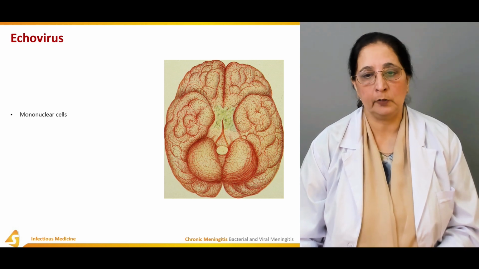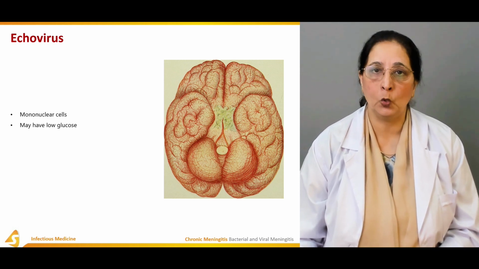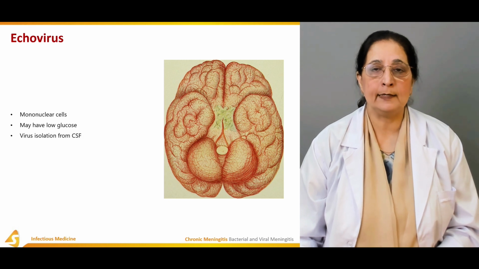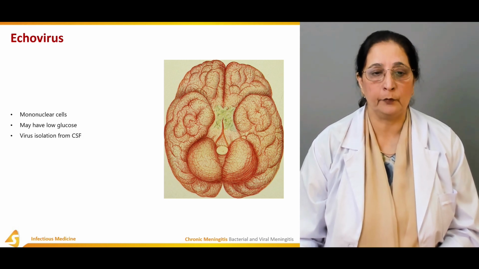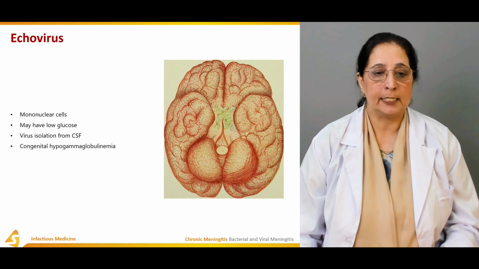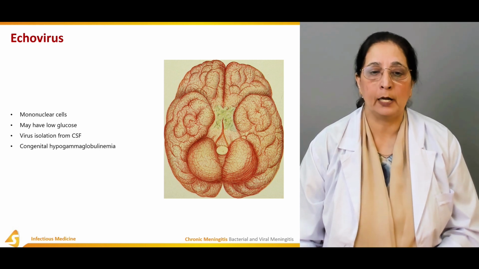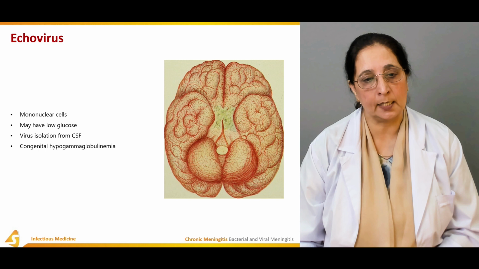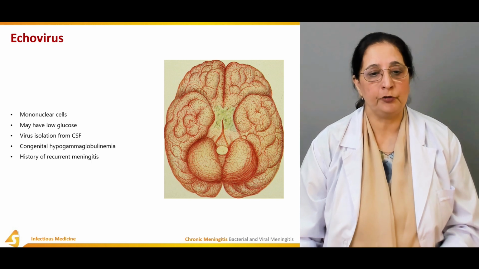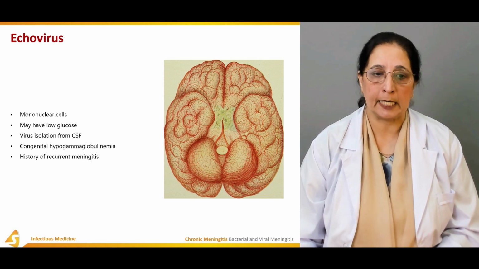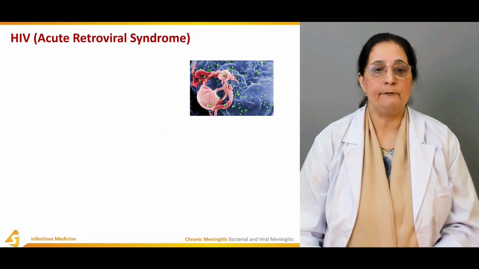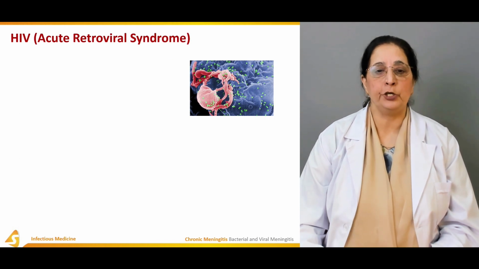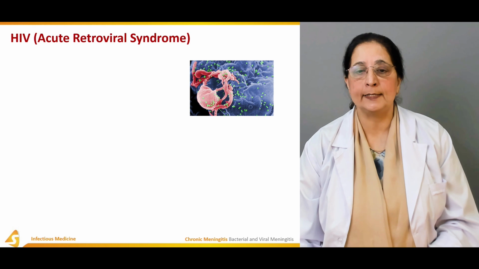Echovirus: mononuclear cells, may have low glucose. Virus isolation from cerebrospinal fluid. Congenital hypogammaglobulinemia is present, with a history of recurrent meningitis. Then we have HIV, acute retroviral syndrome.